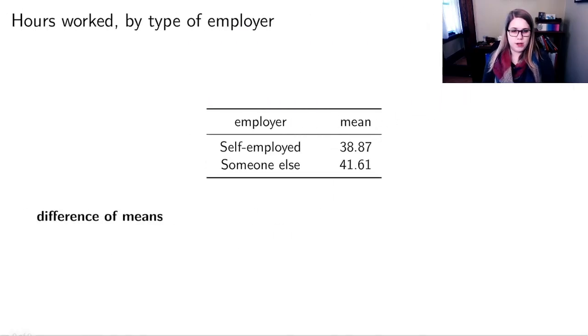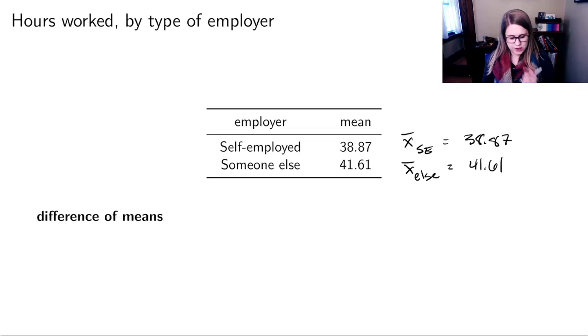We could also break down something like the mean based on the employer. So the X bar for self-employed people is 38.87 hours, and the X bar, I can't use SE, so I'll just put else there, that is 41.61. So those are the means for each of those groups.